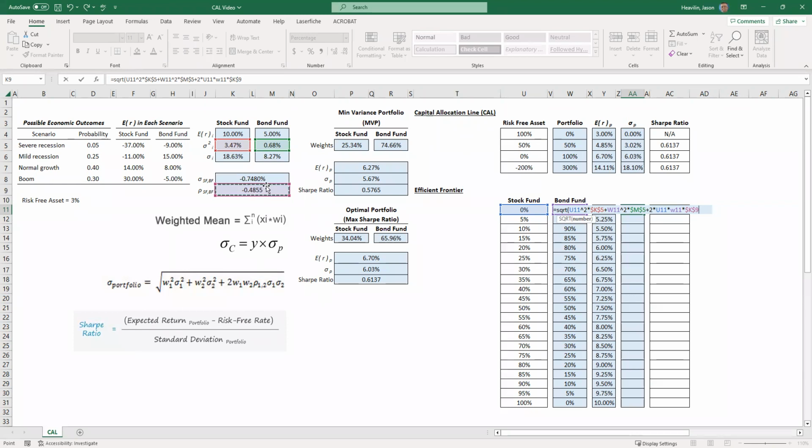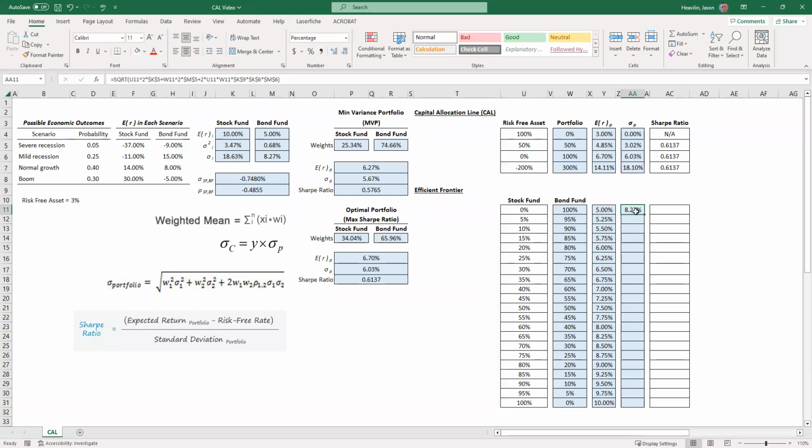And then that times the standard deviation of the stock fund. I'm locking these in. Times the standard deviation of the bond fund. And I'm locking it in. Okay. And that is our standard deviation for this portfolio.